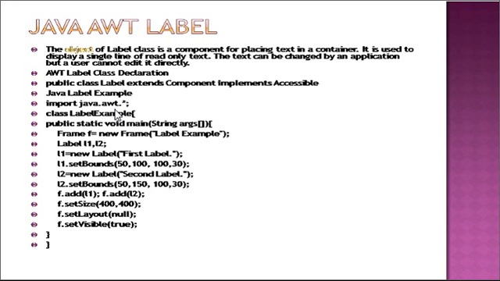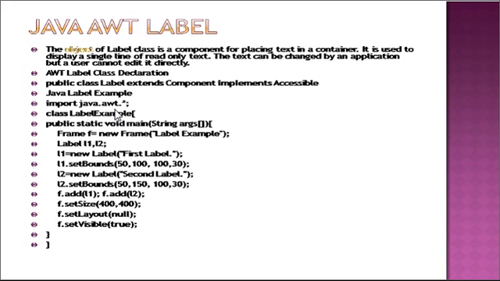Here let's take an example of how to implement the Label class on our container. Firstly we import the package java.awt, and we create a Frame with an object f, which allocates runtime memory using the new keyword.